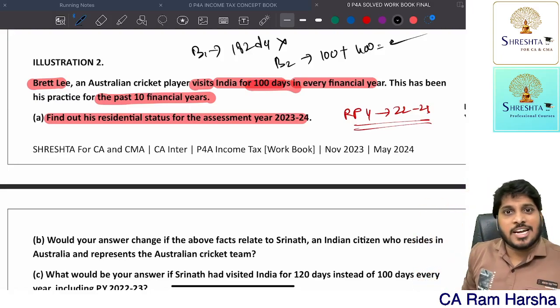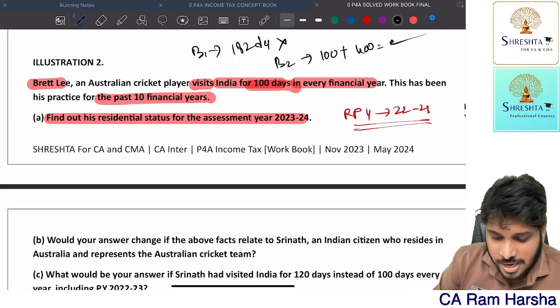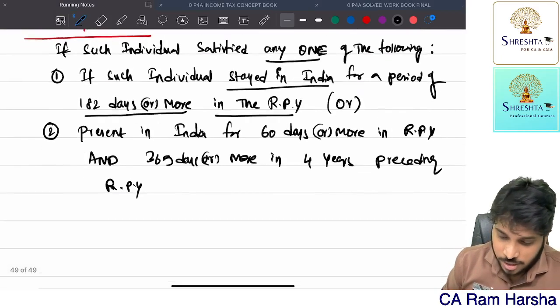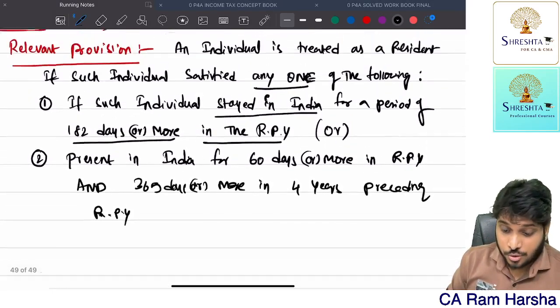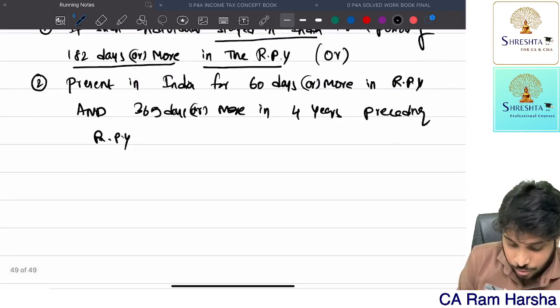So why should we write the additional conditions? How I will write, you see. So this is the relevant provision. Getting it? Suppose the question is for 6 marks, then we should continue.